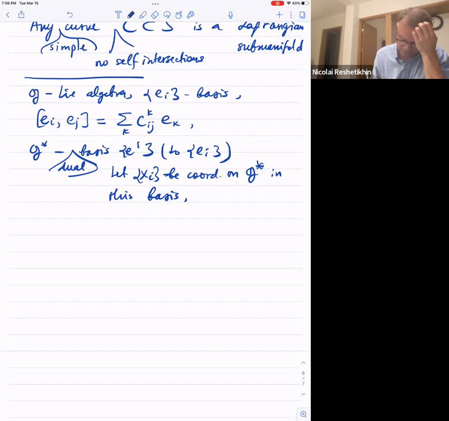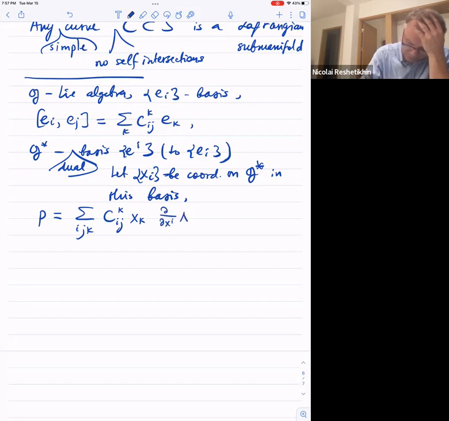So I should introduce the correct object, and that's a Poisson bivector field, C^k_ij xk, and then d/dxi d/dxj.